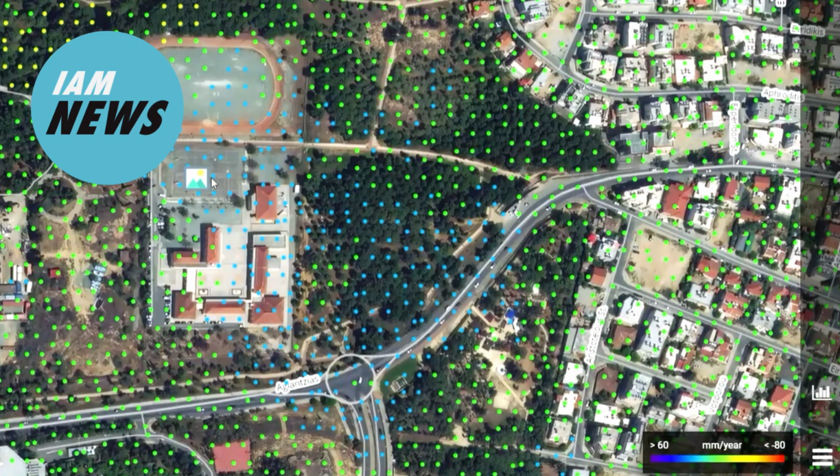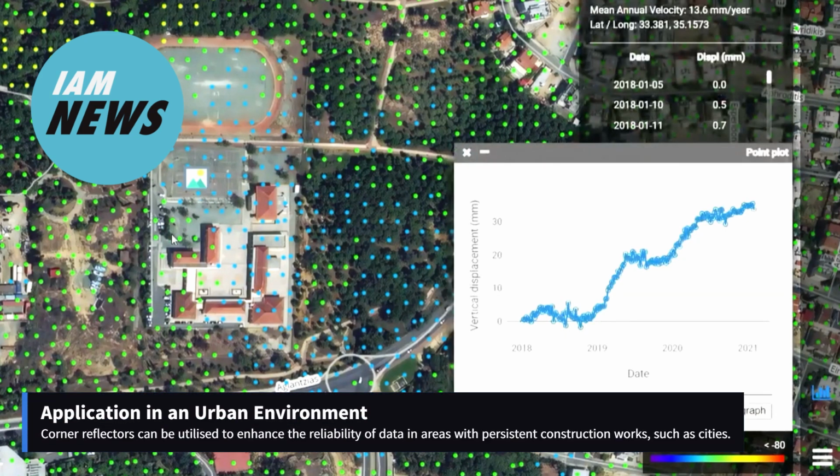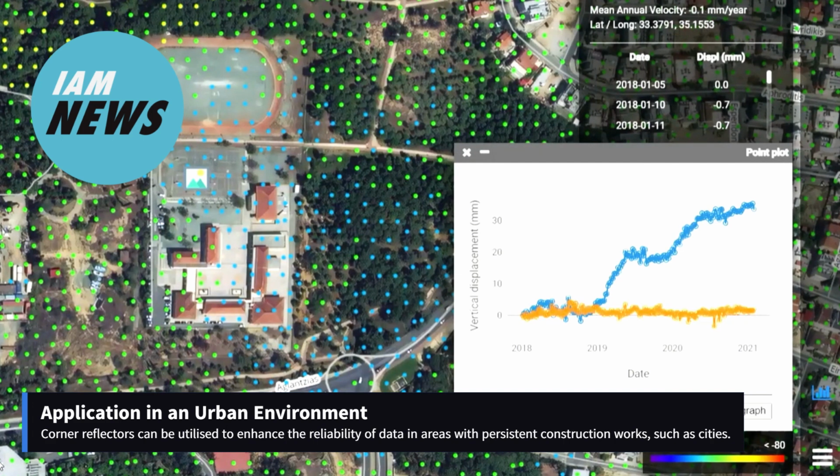Corner reflectors are useful in situations where radar reflections from the existing terrain cannot be guaranteed, such as in areas with dense vegetation or where there is continuous construction activity and earthworks. They are also useful when displacement data from InSAR is required for a specific point as opposed to a pixel that may be several meters wide.